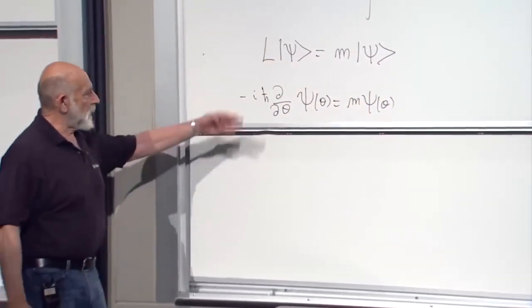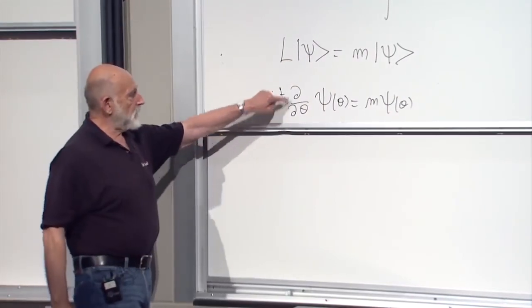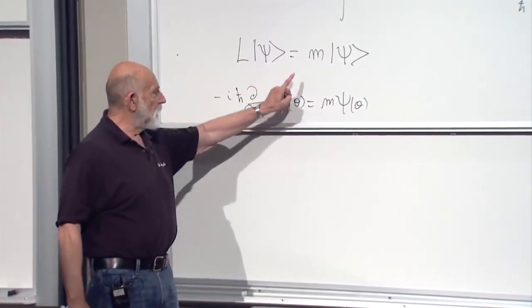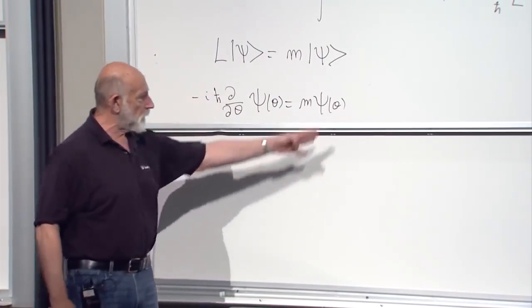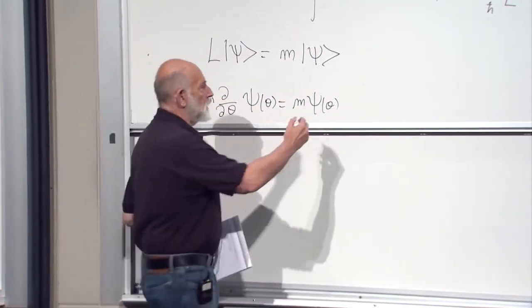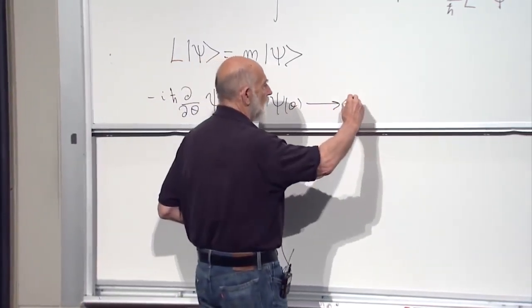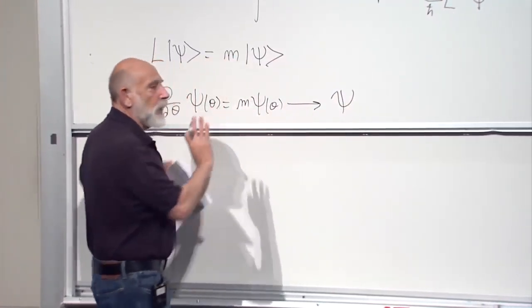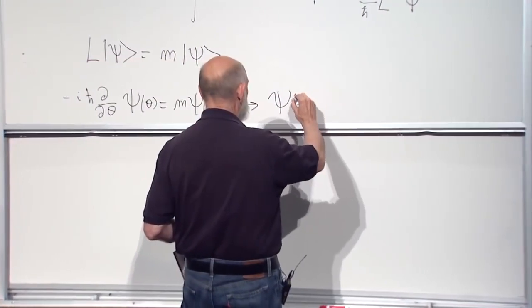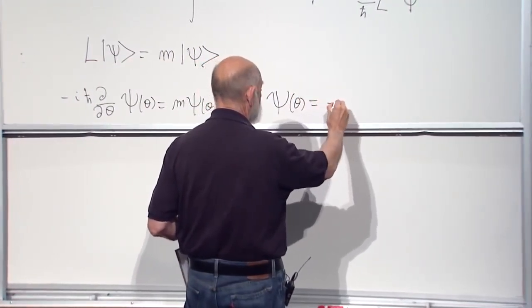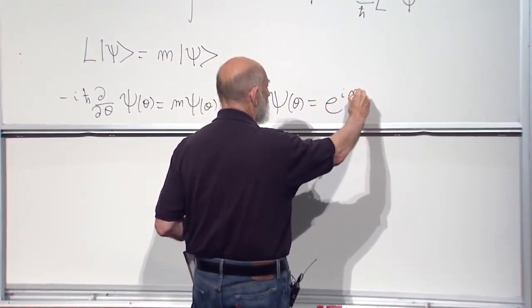That's a standard type of equation. The derivative of something is proportional to that something else. We could bring the i h bar over to the right-hand side, and that tells us that the eigenvector with eigenvalue m is equal to e to the i m theta.